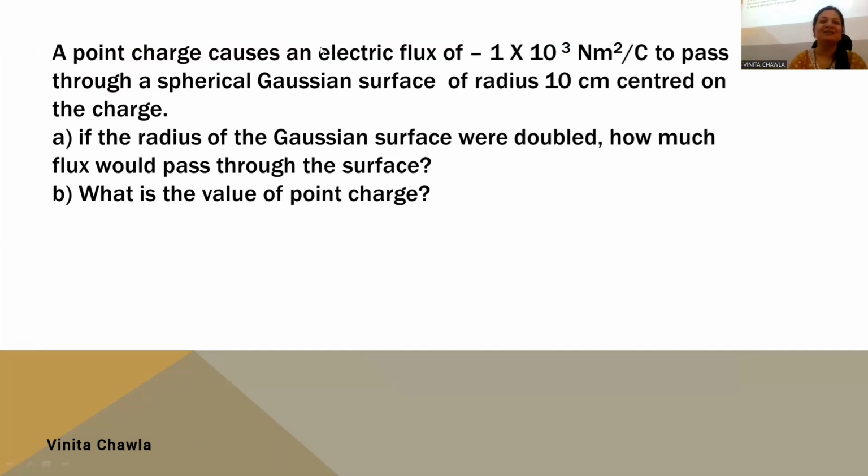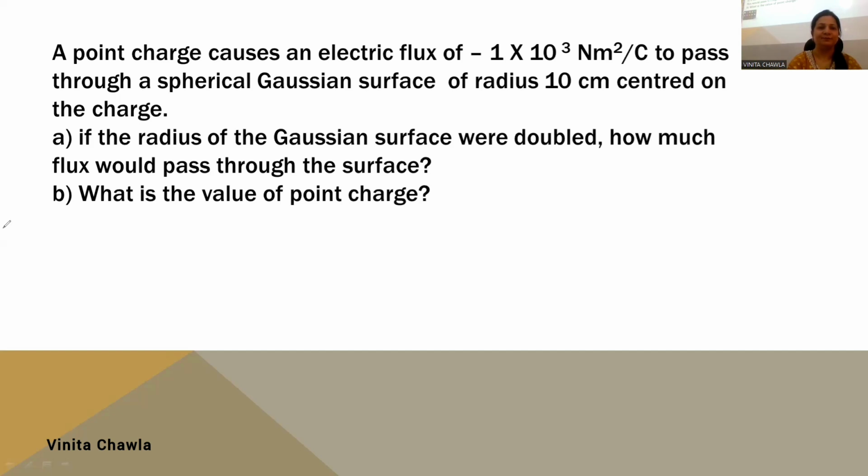A point charge causes an electric flux of this to pass through a spherical Gaussian surface of radius 10 centimeters centered on the charge. If the radius of the Gaussian surface were doubled, how much flux would pass through the surface and what is the value of the point charge? This is question number 19, your NCERT question.